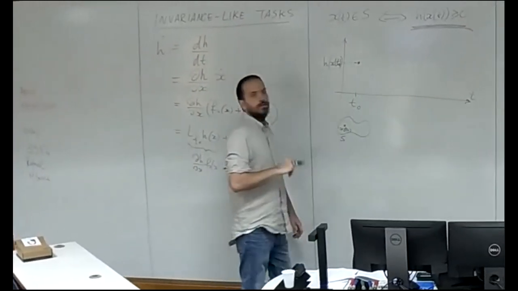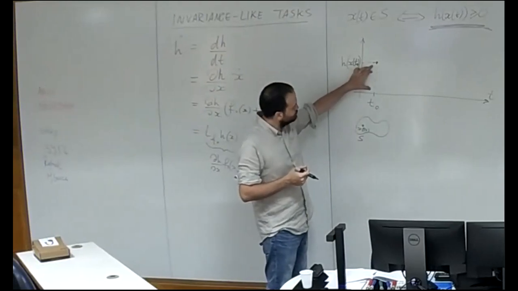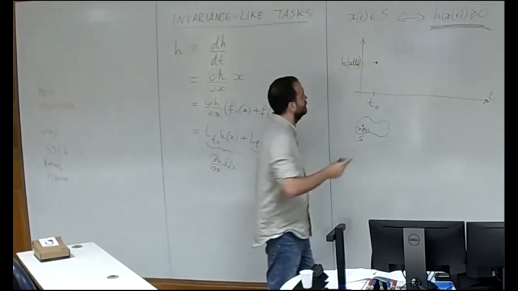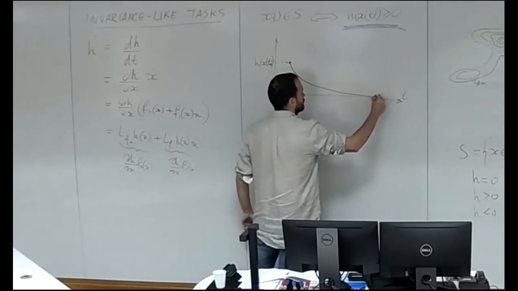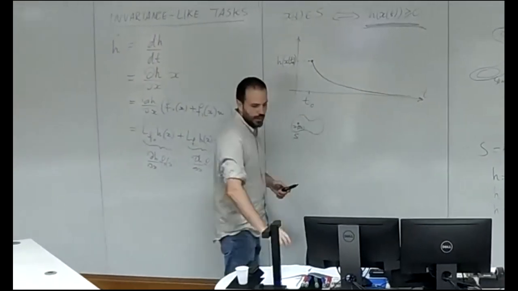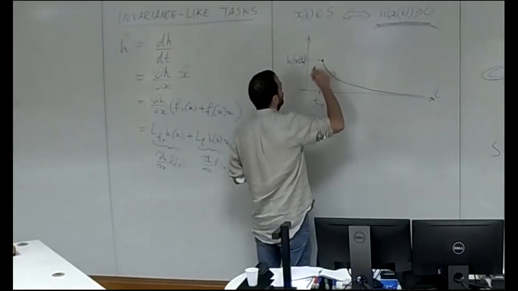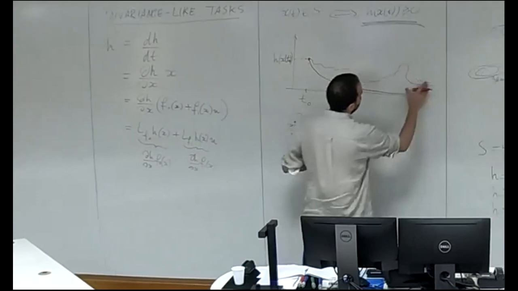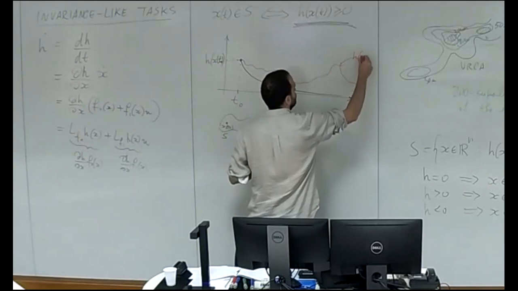We would like this never to go below zero. So let's pick a positive function. We can pick the exponential, and make sure that h of x of t stays above this. This is h of x of t.